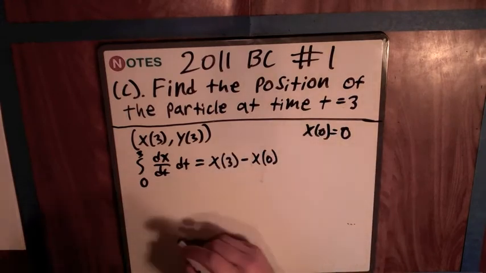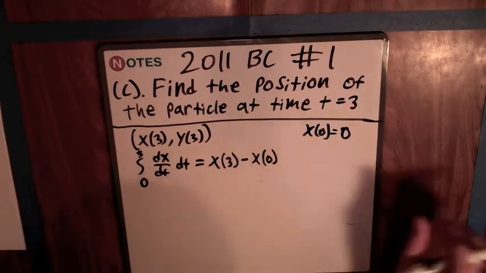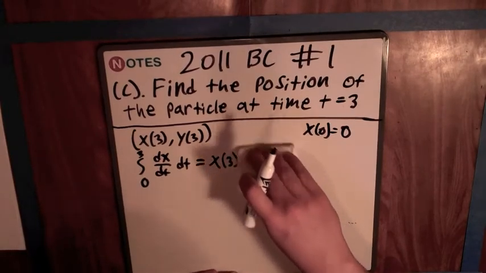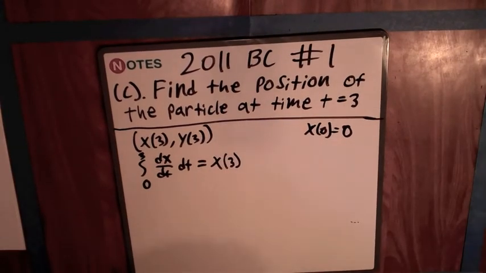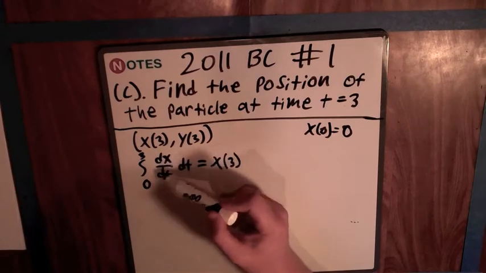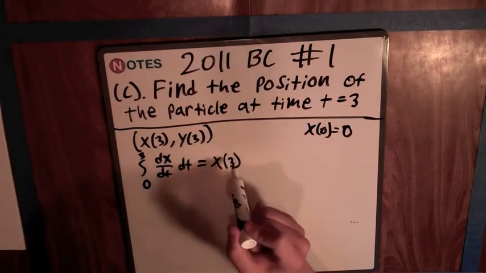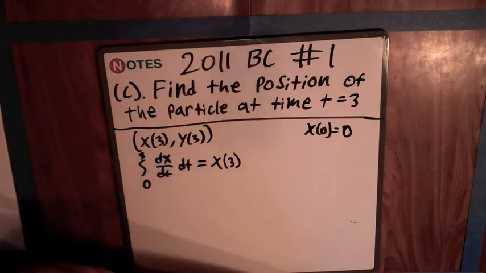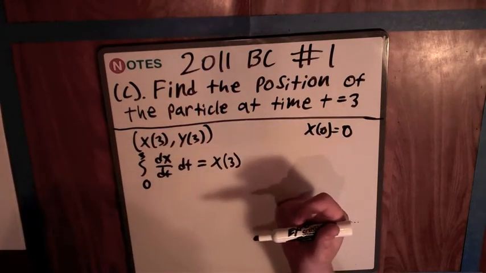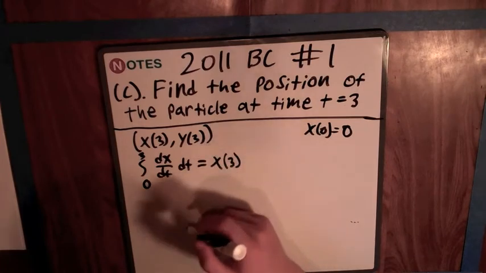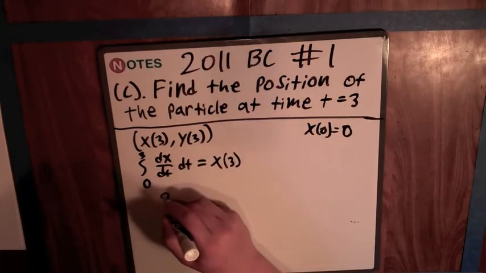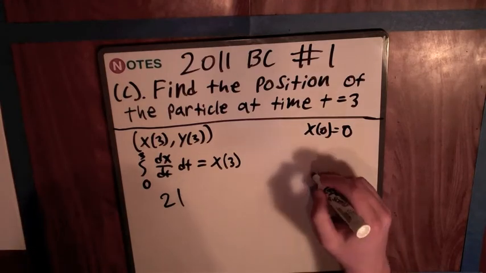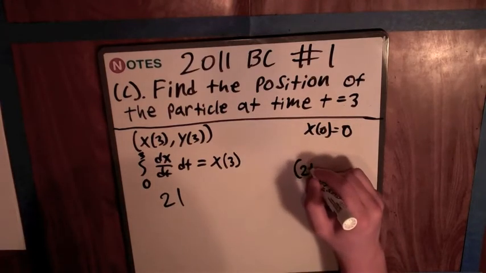So we can just plug that in as 0 and it's gone. So the integral from 0 to 3 of dx dt dt will give us the value of x at 3. So use your calculator with the function that was given. That will give us 21. Go ahead and save this over here: 21.